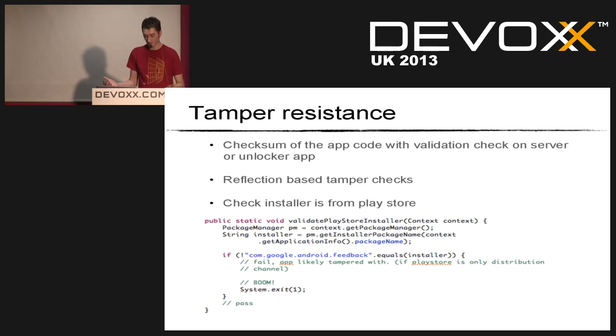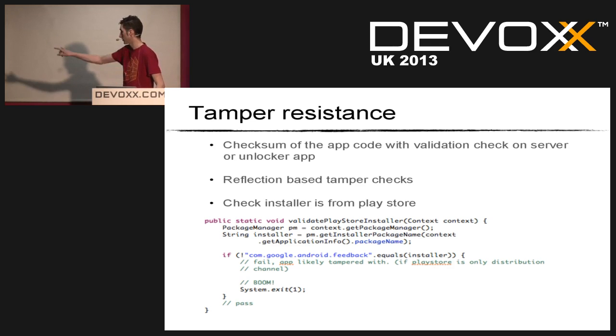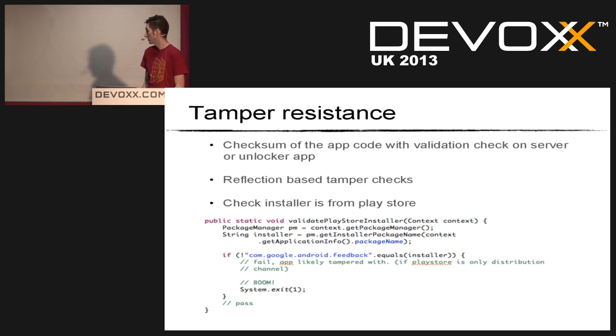And one really simple thing would be to check the installer was the Play Store. Although that's a fairly limited example because there are other app stores out there, but I'm sure they have different installer constants there. So that's just a really crude example of what you could do.